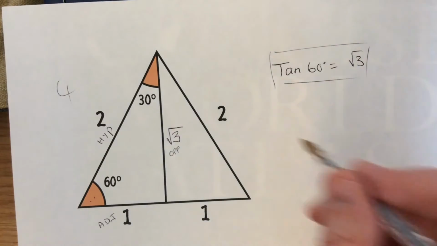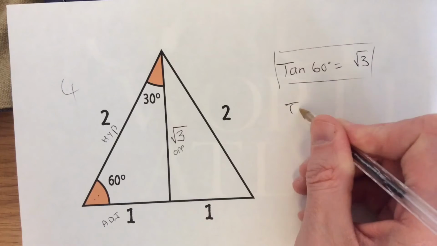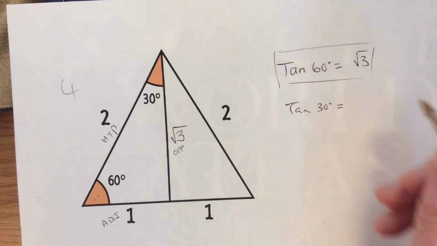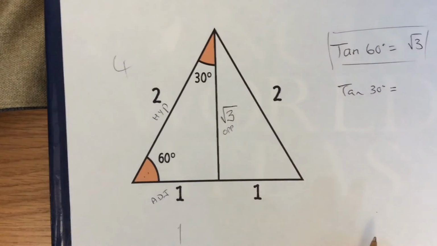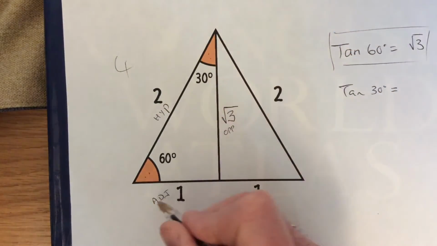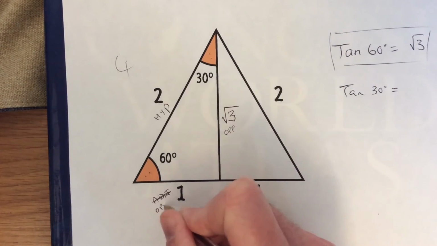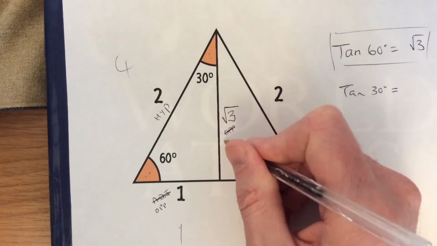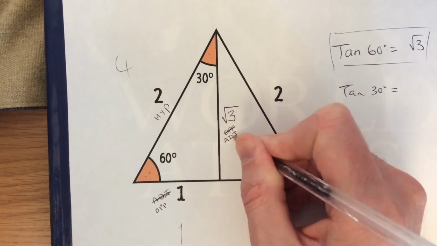What else can we do? We can do tan 30, can't we? Tan 30 degrees is, all right, I need to switch around now. So tan 30 is up there, 30 degrees. So down here this is now the opposite. That's still the hypotenuse, and this becomes the adjacent.